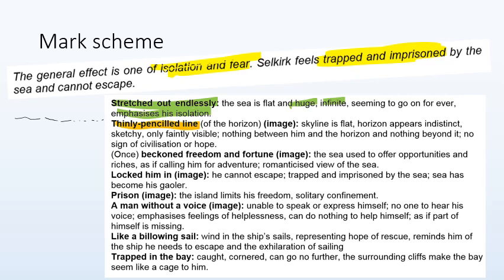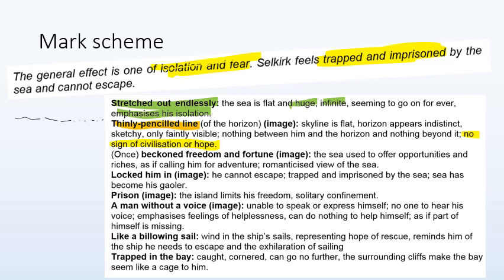That the horizon appears indistinct, sketchy, only faintly visible. There's nothing between him and the horizon, nothing beyond it. No sign of civilization or hope. That's a slightly more intelligent point from CIE at the end. The fact that this horizon stretches on for as far as he can see until it's just this thin line shows that there's absolutely nothing out there to give him help or give him hope.